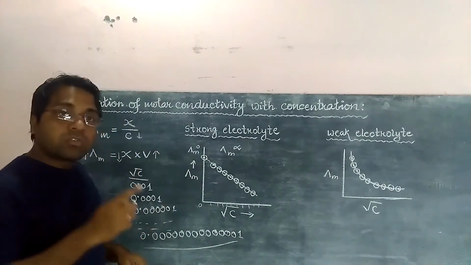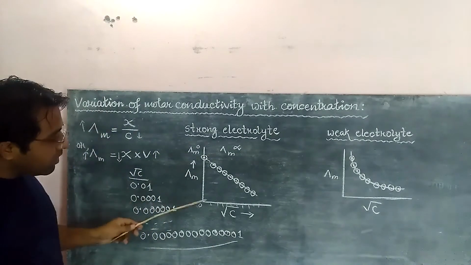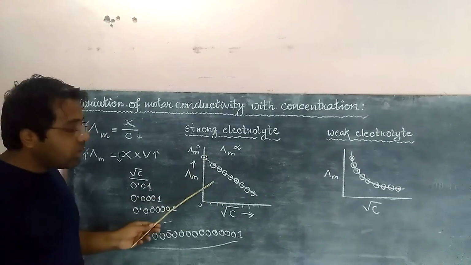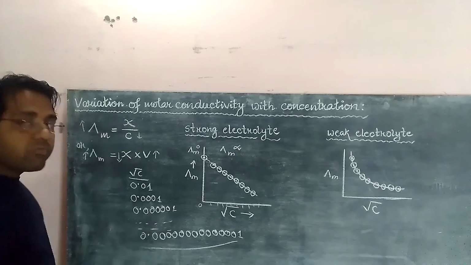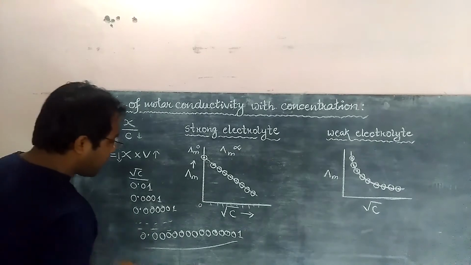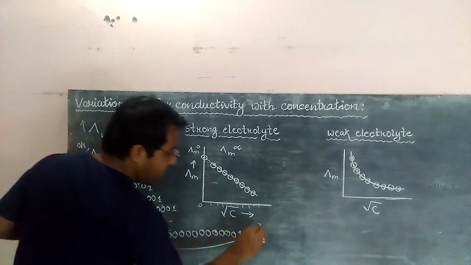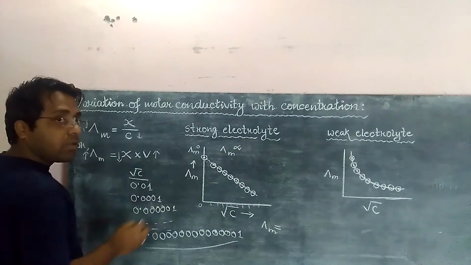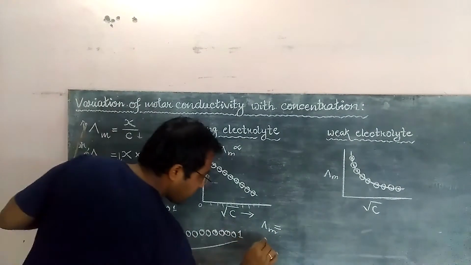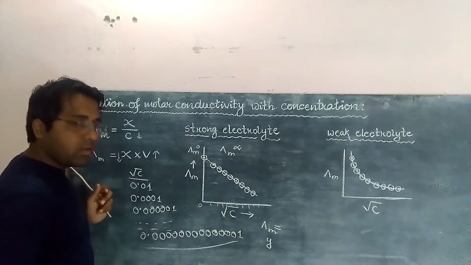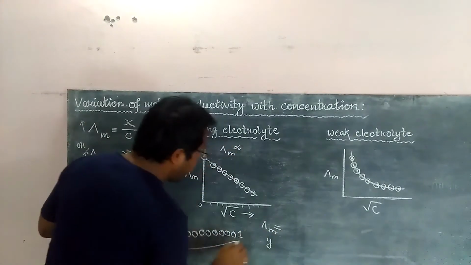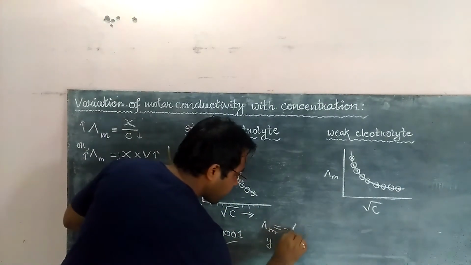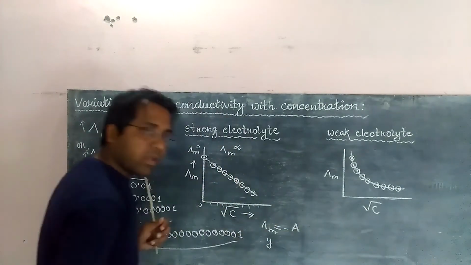This is about strong electrolytes. As we have seen, a straight line is obtained for a strong electrolyte in the graph. So from the graph, we can write an equation: y equal to mx plus c, that is, lambda m is equal to a minus slope times root over c plus lambda m naught. The slope is negative, let's say the slope is a.